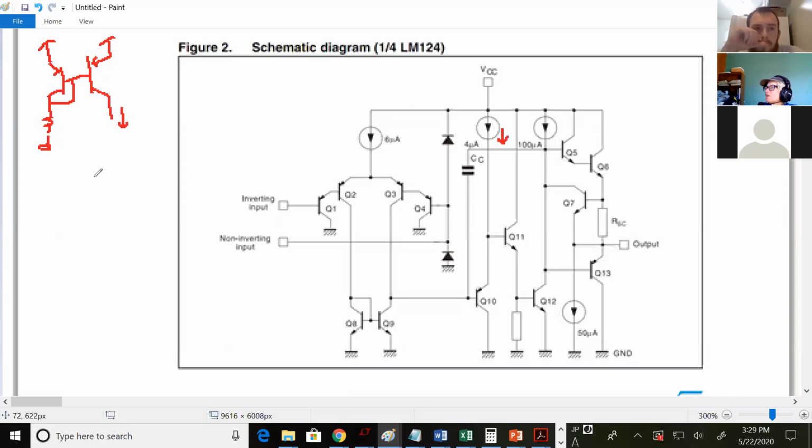How can you make an even better current mirror? You want to active load it? Okay, well that's what this is. This is basically a single transistor here. But you want to make it so that when you change the voltage on that collector, you want the current not to change at all.